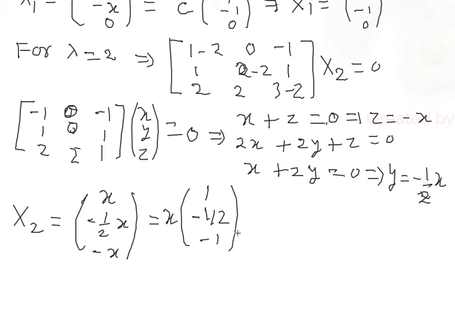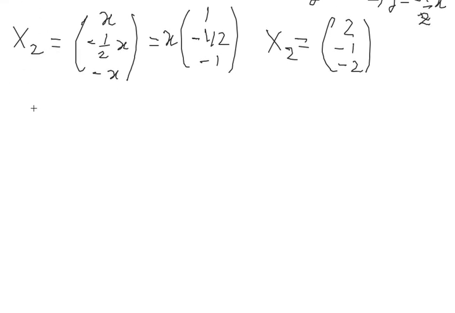We can also take x as a multiple of 2 so the 1 by 2 is removed. I'm writing directly: x2 is 2, minus 1, and minus 2. I just multiplied the complete vector by 2.